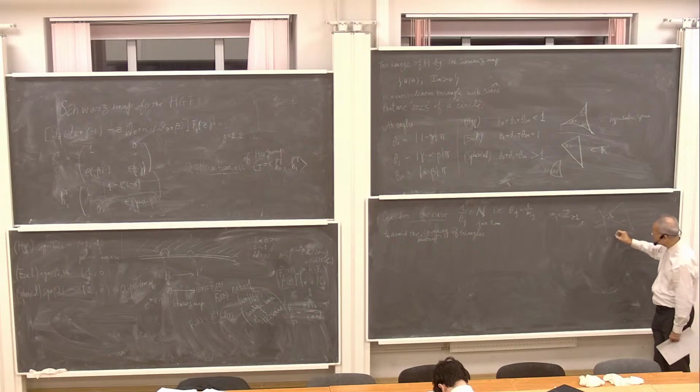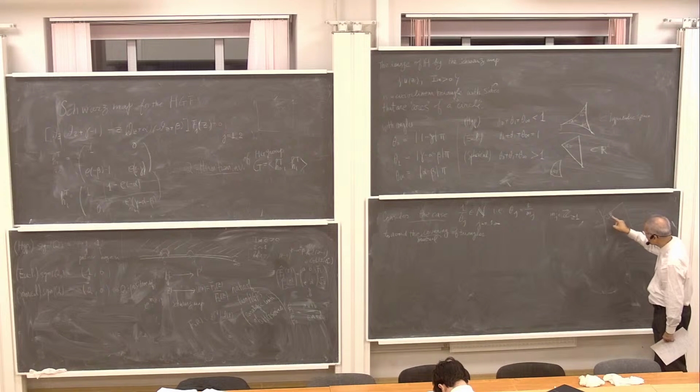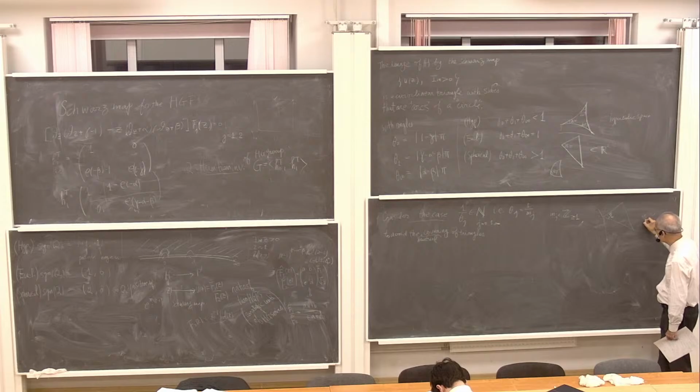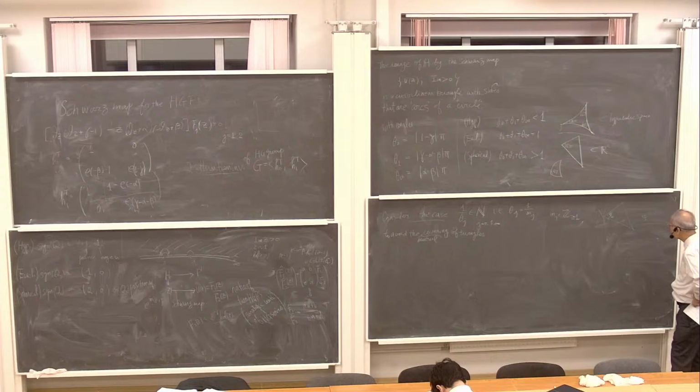But if it is, sorry, pi over m, but 2 pi over 3 or something like that, what happens? It's also good.